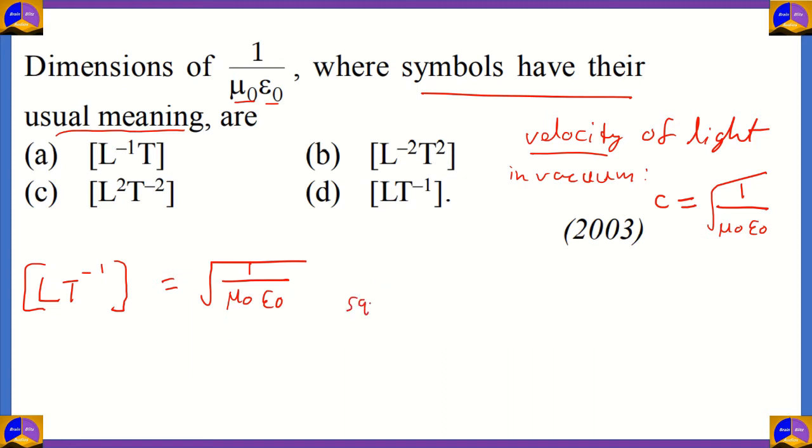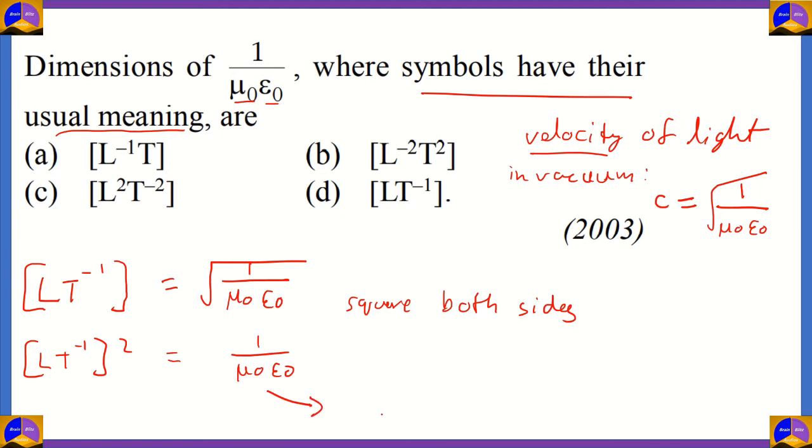So basically we now square both sides. So when you square both sides, you get LT raised to minus 1 whole square equals 1 by mu naught epsilon naught. So therefore 1 by mu naught epsilon naught will be equal to L squared T raised to minus 2. So among the following options, option C is the correct option to this question asked in 2003.